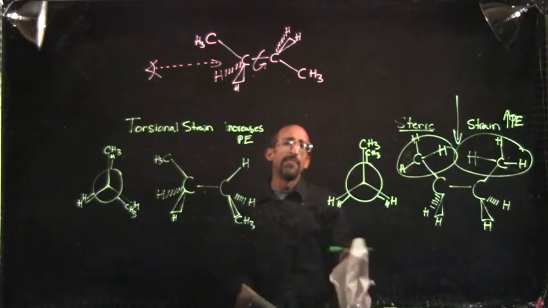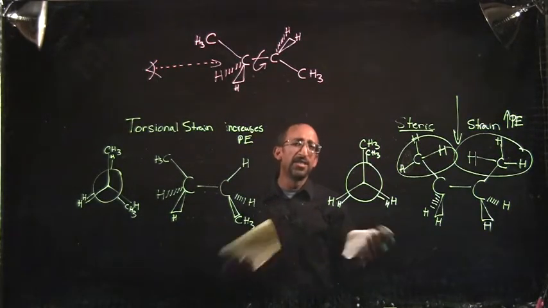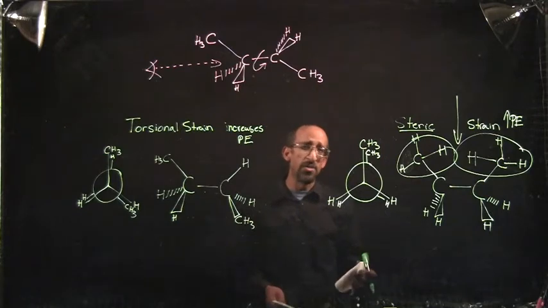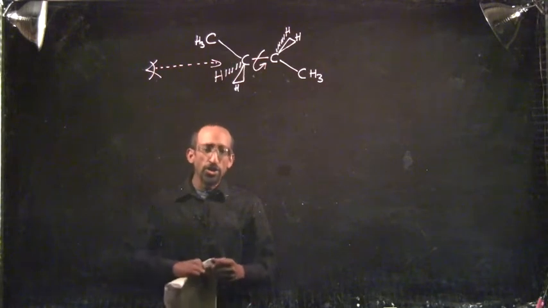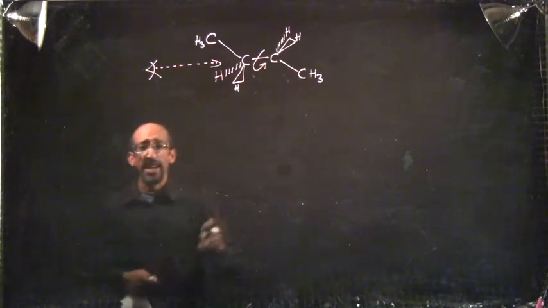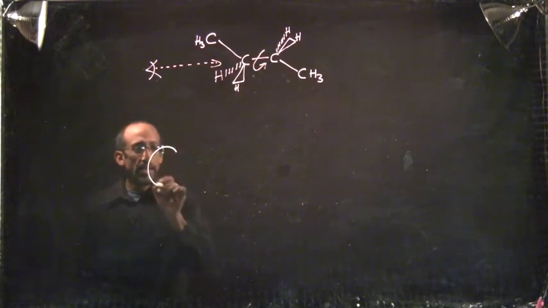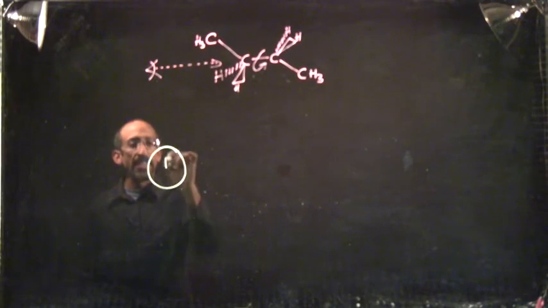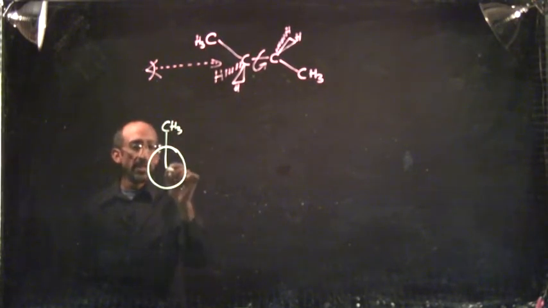Now let's take a look at our gauche conformation to see what's at play there. So for our gauche conformation of our molecule of butane, our Newman projection for that is going to look like this. Here's my front methyl group and my 2 front hydrogens.